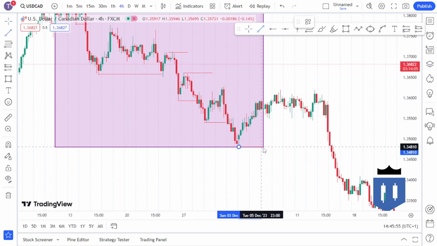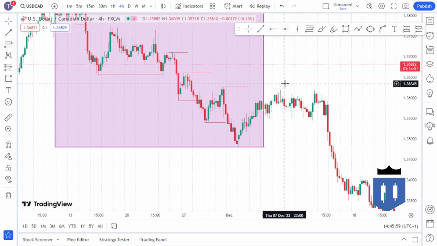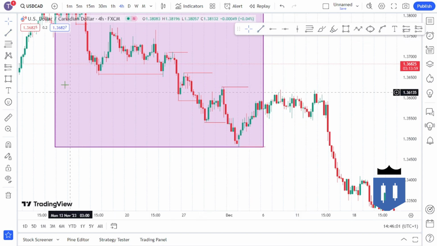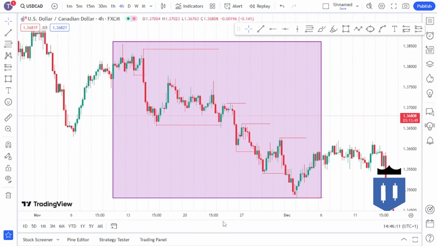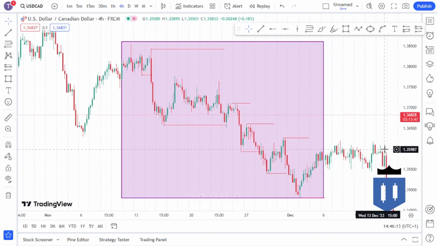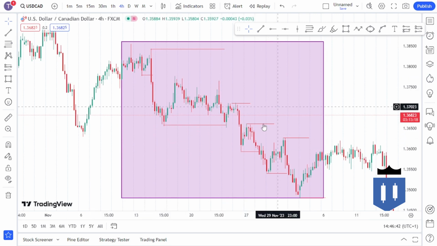And then we have this low, and we know that this high is responsible for it. So it's easy peasy. You can see it crystal clear. Highs, lows, highs, lows, highs, lows, highs, lows.